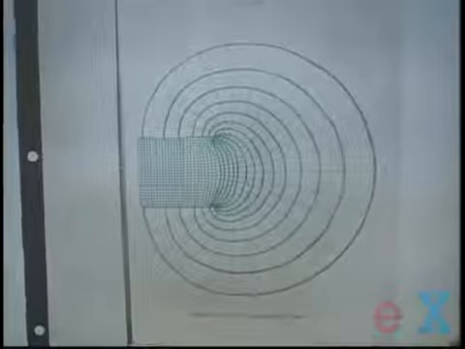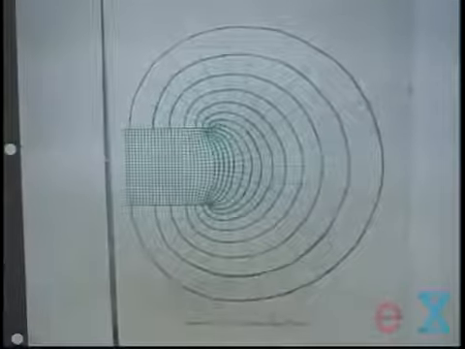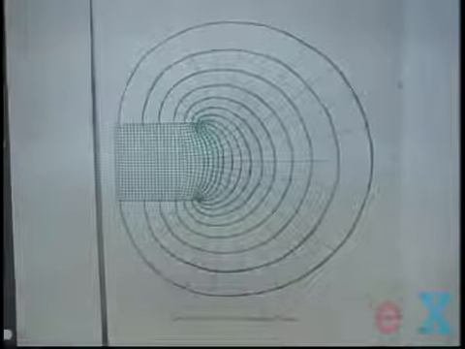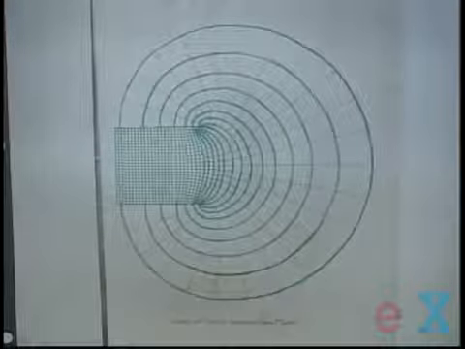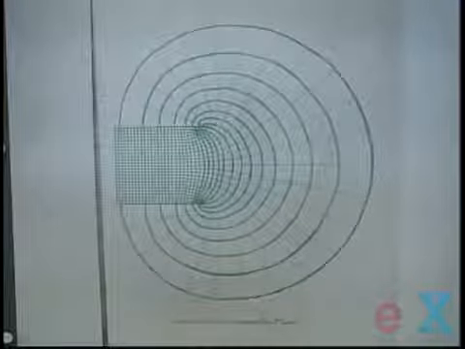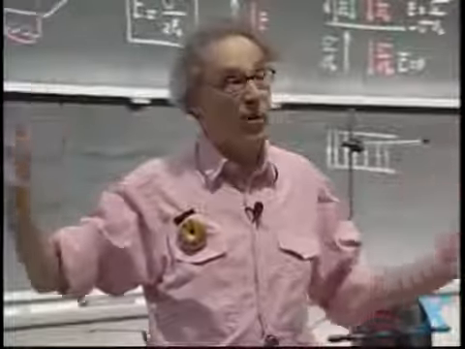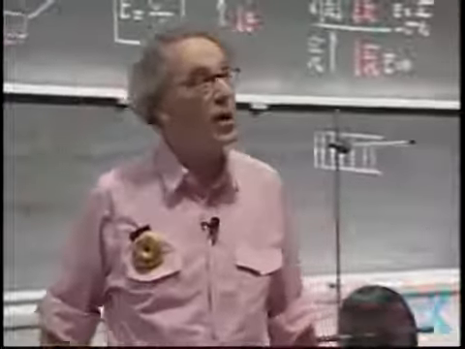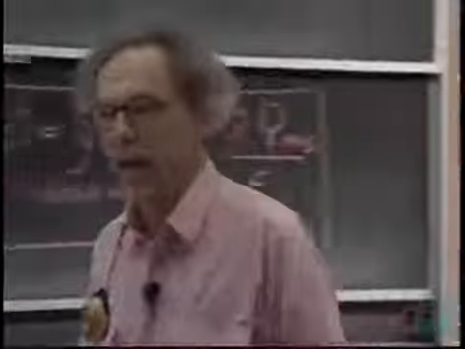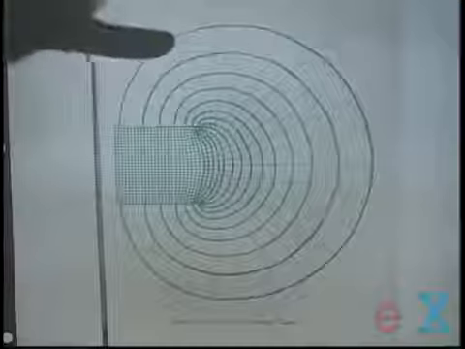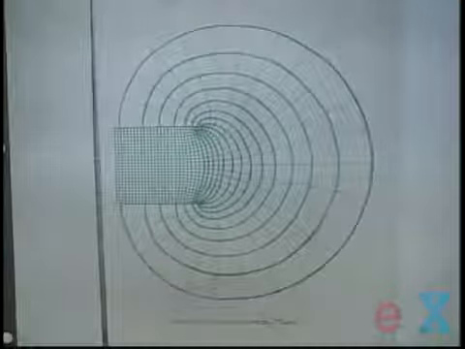And what you see is an extremely strong field inside the two plates. Remember that the density of field lines tells you something about a very strong field, but when you get near the edge, the field is not really 0. The field strength drops very rapidly because look, the density is very low, but it is not 0, and the electric field is not 0 here either and is not 0 there.